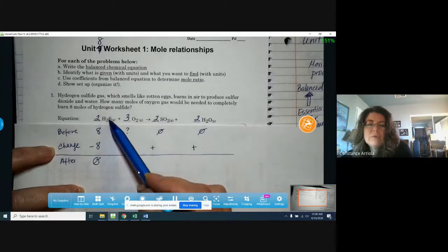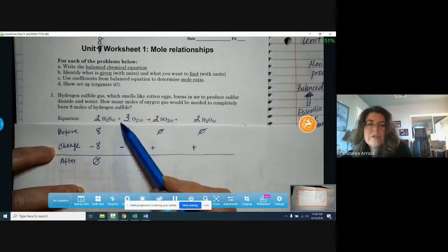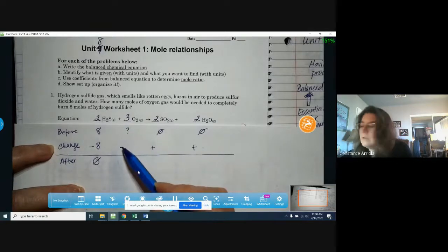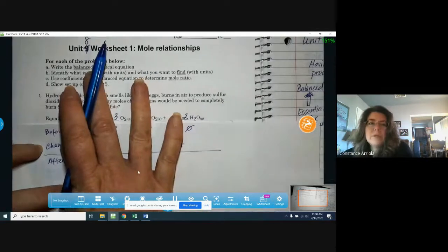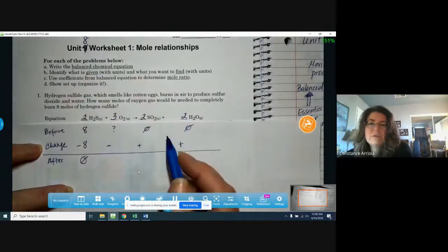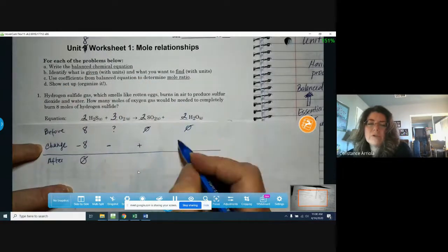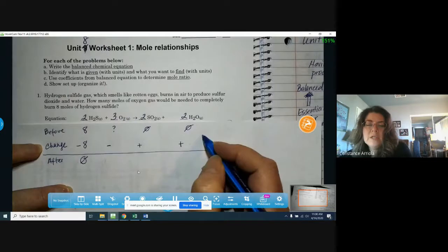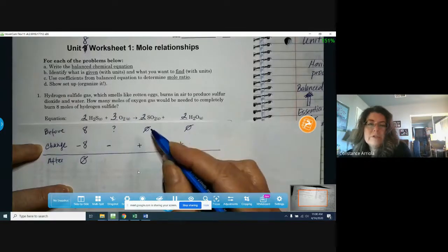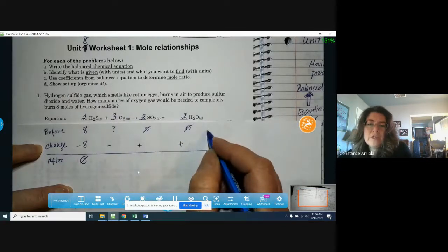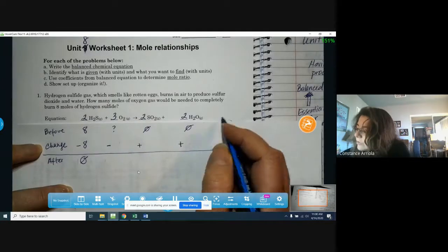So we're trying to find this, and it's not as easy as the problems that I gave in the mole ratio worksheet example that we worked together. In this case, if you can't do it in your head, you're going to use the calculations that I showed you.